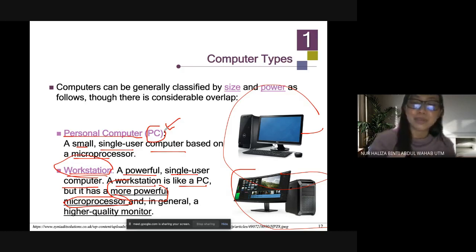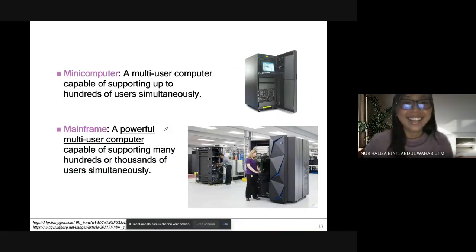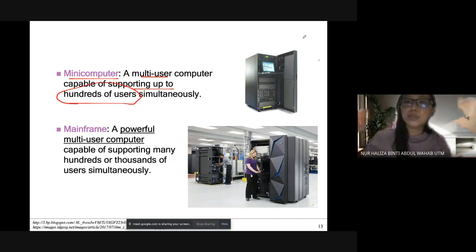Baru orang macam, wow. So next is mini computer, a multi-user computer capable of supporting up to 100 users simultaneously. Normally if you go to the lab, you will see a lot of others like this.